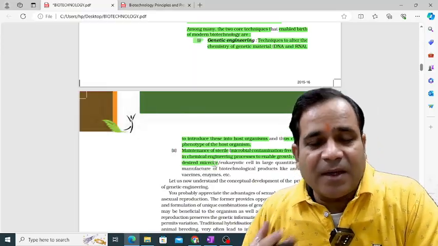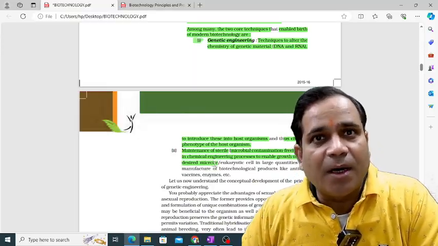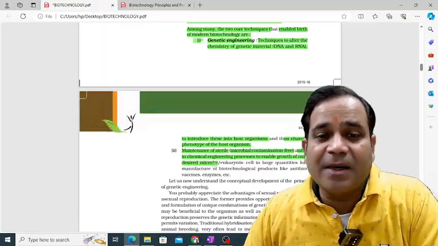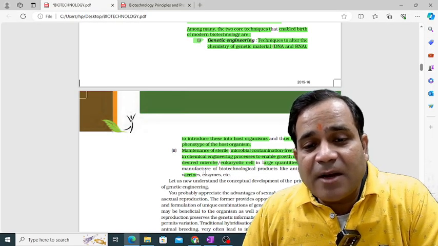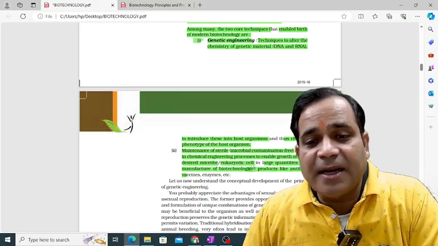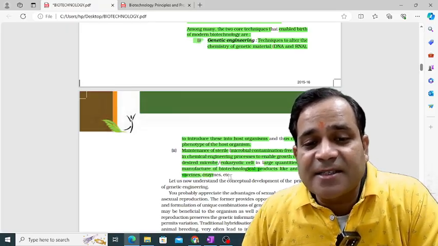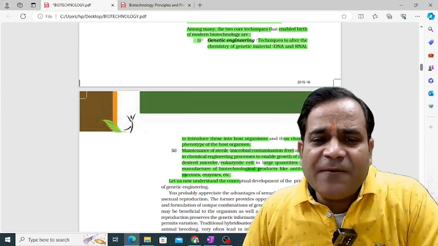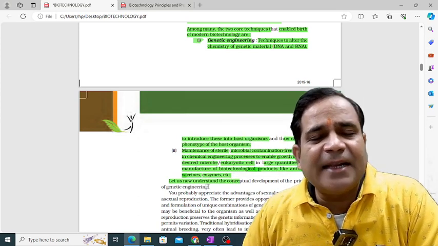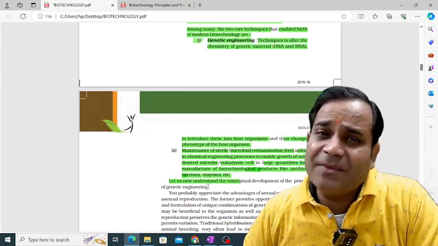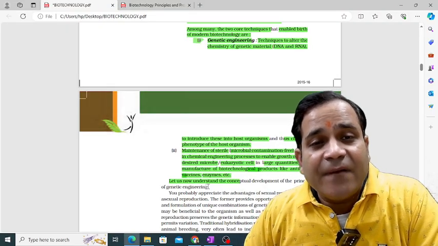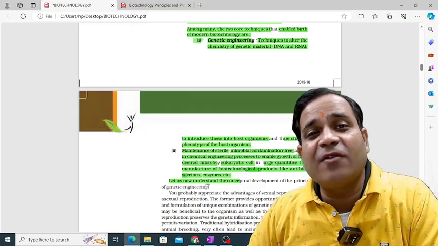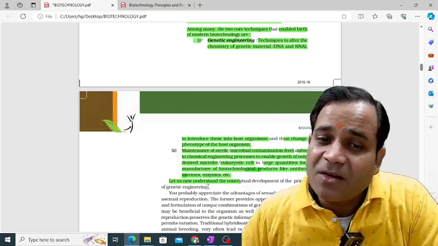If I want to grow a microbe, then there is a desired microbe, or eukaryotic cell, in large quantities for the manufacture of biotechnology products, my dear, like antibiotics, vaccines, enzymes. Suppose someone has a disease that is not cured, then the doctor will give antibiotics. Antibiotics, enzymes, vaccines, all these are manufactured with the help of biotechnology, my dear.